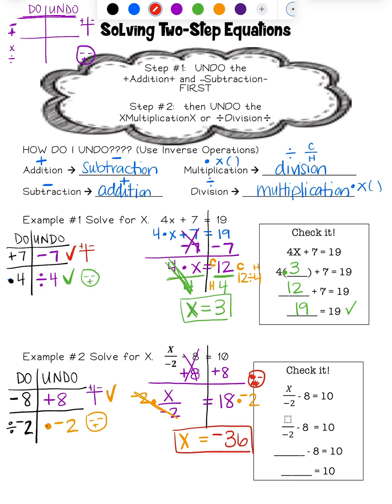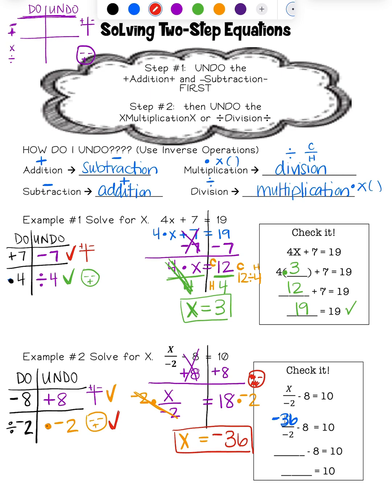I double check and ask myself, did I put my times -2 on both sides? Right there and right there. Yes, I did. So I can check off this step. Did I use my integer man when I needed him? Yes, I did. And so now how can I check myself? I can just plug my answer back in. So I'm going to take my answer of -36, and instead of x, I'm just writing it in that spot.